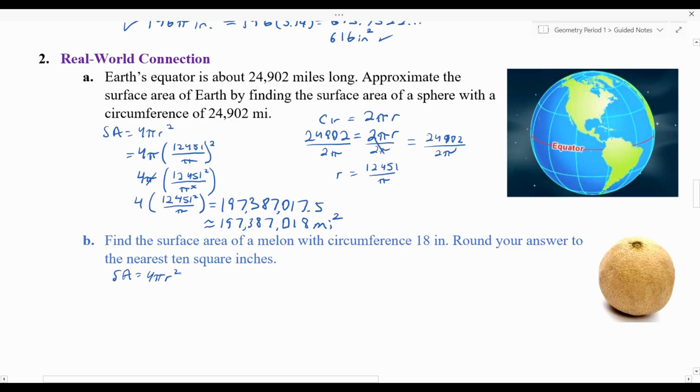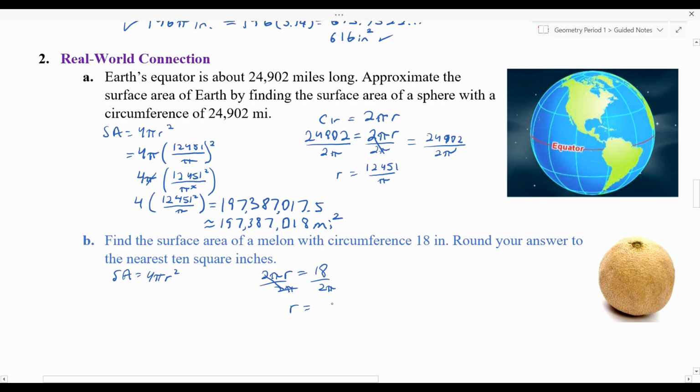Alright, that's surface area. Now we know the circumference is 18 inches, and we know the formula for circumference is 2 pi r. So we know that 2 pi r is going to give me 18. We divide both sides by 2, divide both sides by 2 pi rather. And we get r.